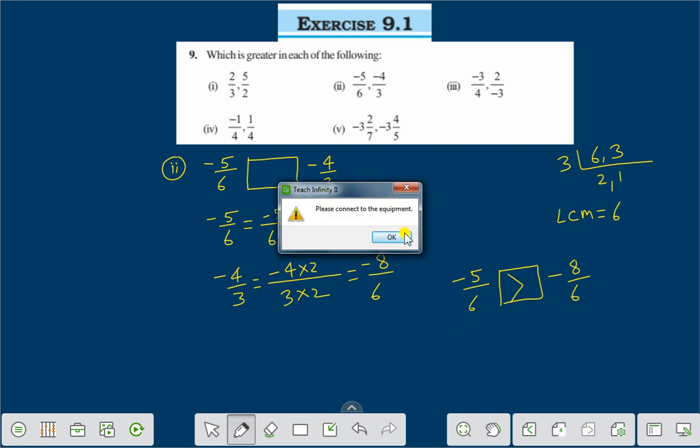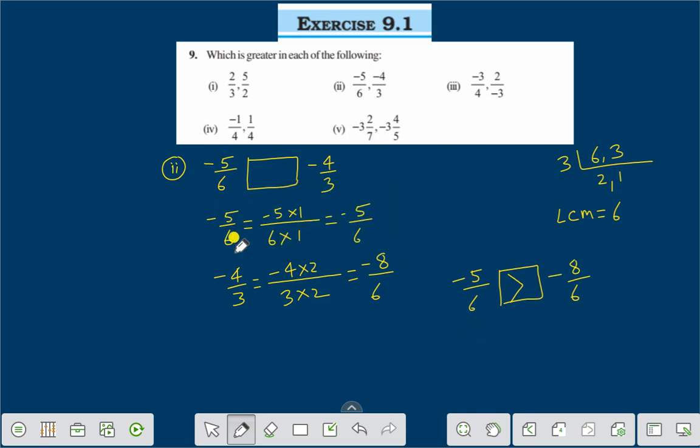Minus 8 by 6 means minus 4 by 3. Therefore, you can say that minus 5 by 6 is greater than minus 4 by 3.